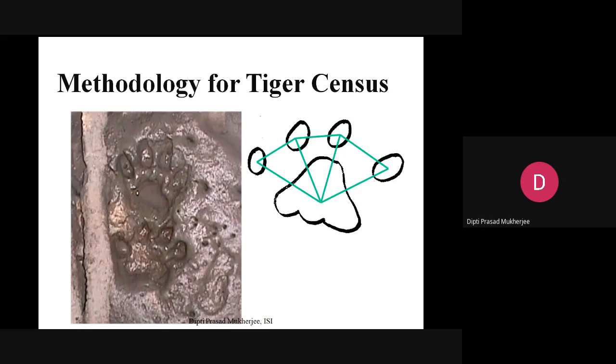So if I collect the first data at 9 a.m., and my next data I collect maybe half a kilometer away at 9:30 a.m., then maybe the same tiger has traveled that portion, and you collected the pad and paw of the same tiger.